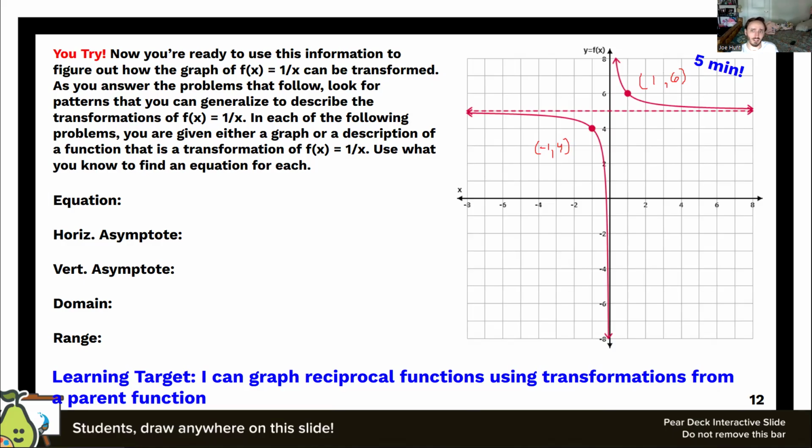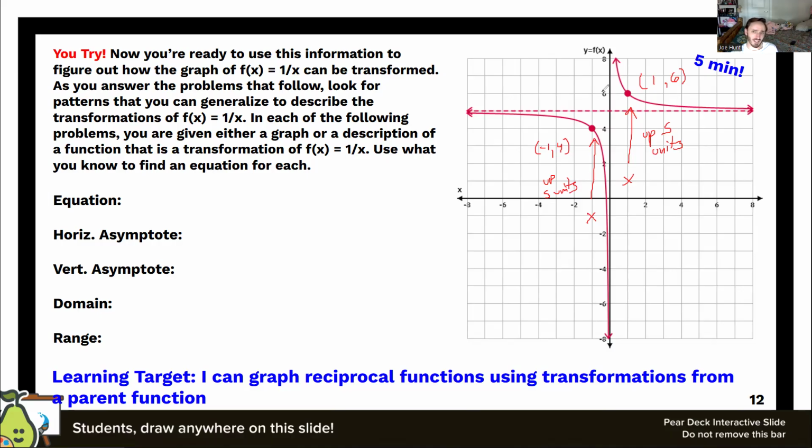In particular, what used to be at 1, 1 is now at 1, 6, so it's gone up 5 units. Similarly, this coordinate that used to be at -1, -1 has gone up 5 units to be here at -1, 4. So the whole graph has translated in this case. It has shifted up 5 units.